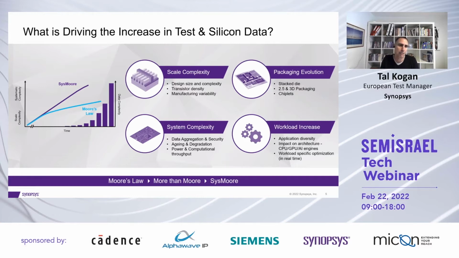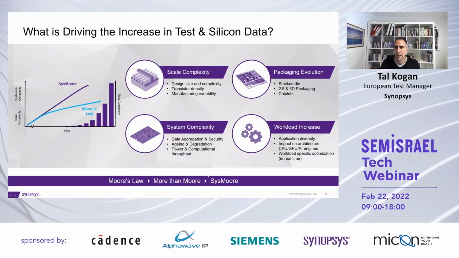Everything is happening at the same time. Now, we're used to talk about Moore's law, and that's fine, but we came to notice that in order to adhere to this rising complexity in all arenas, we actually need to talk about something we call at Synopsys SysMoore, which is actually more than Moore's law, as you can see here.